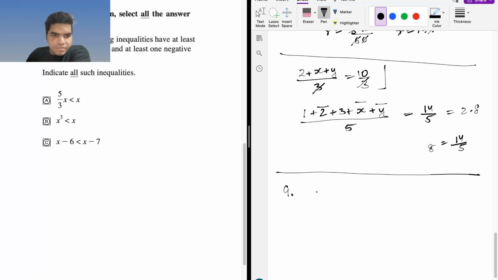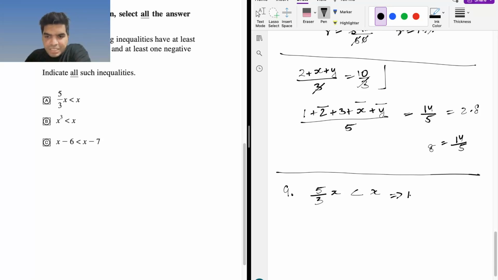The problem here is option A. If we try to solve it, 5 by 3 x is less than x. For what value will this inequality be held true? This can only have a solution on one side. I'll tell you why.